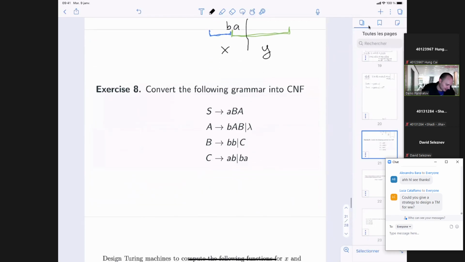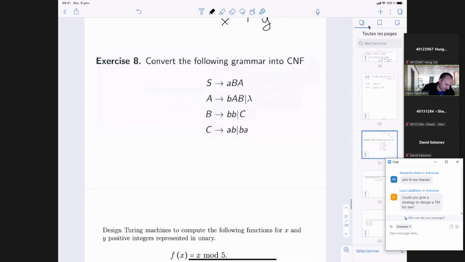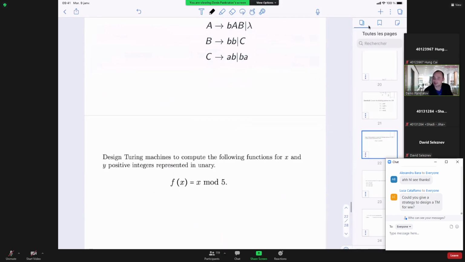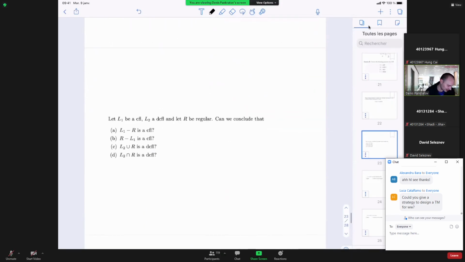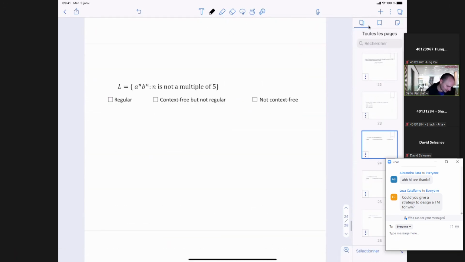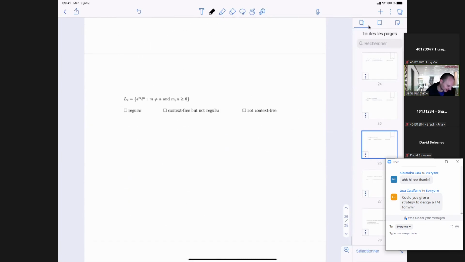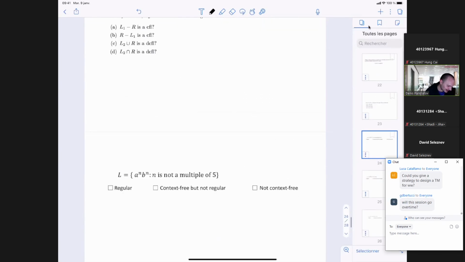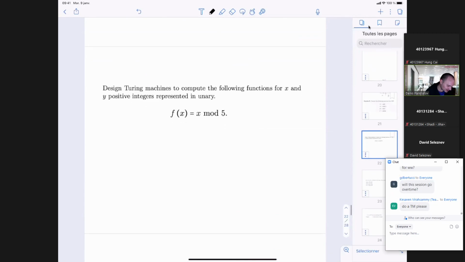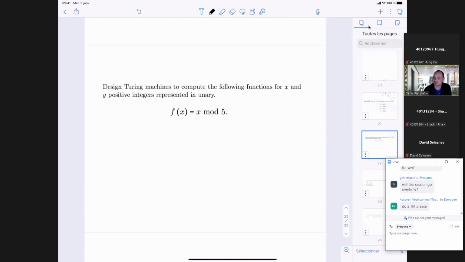Okay, so there is a conversion of a grammar into CNF question, but there are only 10 minutes remaining. And I have actually a lot of questions planned. Let me see, a Turing machine question might be good to do. I think that would be more of a later portion.